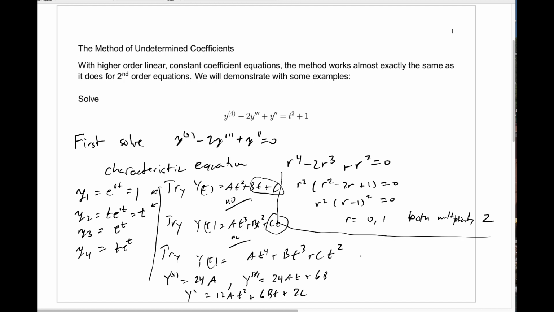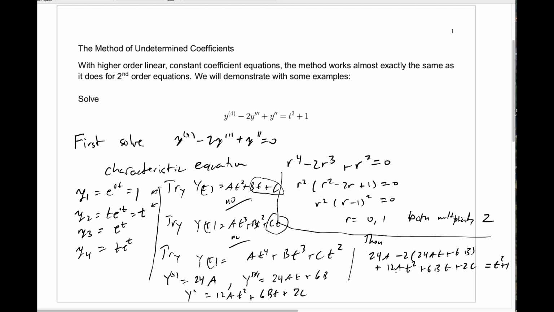And when you put these all back into the original differential equation, you get the 4th derivative of y minus twice the 3rd derivative will be 24a minus twice 24at plus 6b plus the 2nd derivative, which is 12at squared plus 6bt plus 2c. This must equal t squared plus 1.